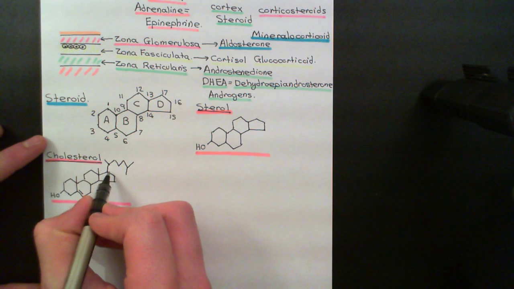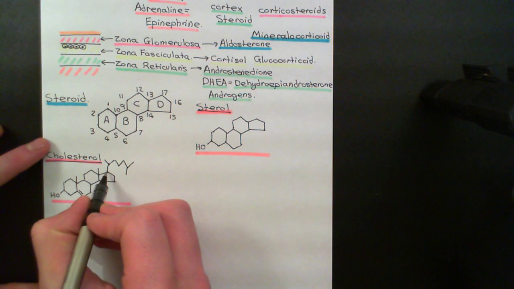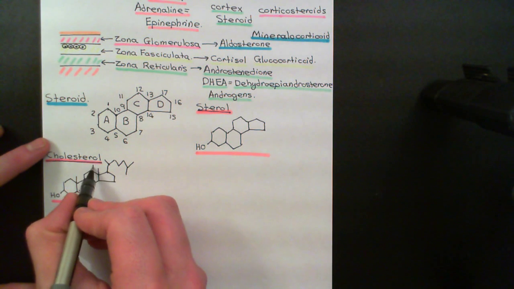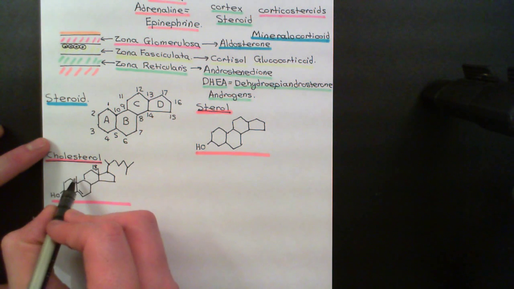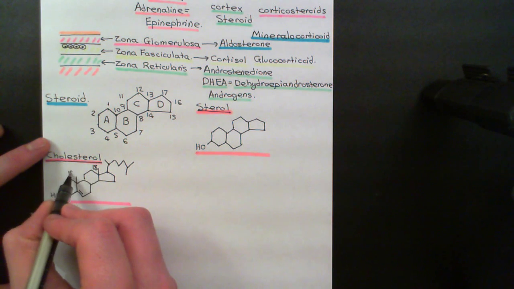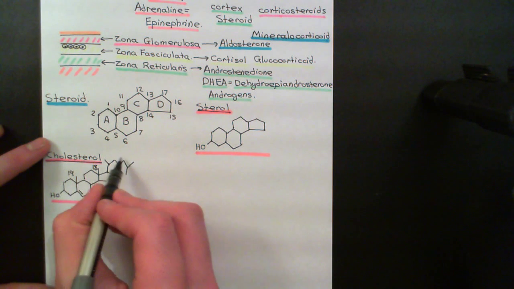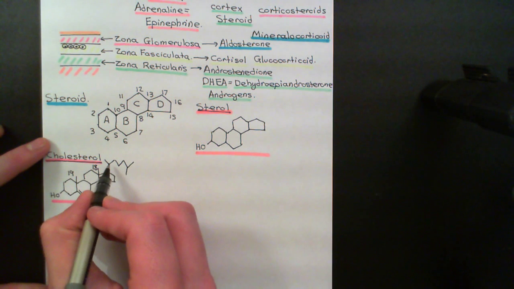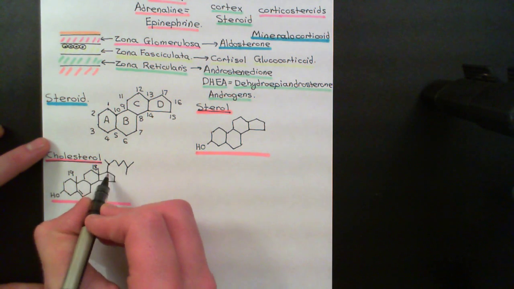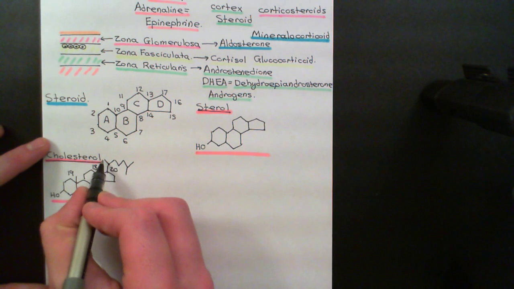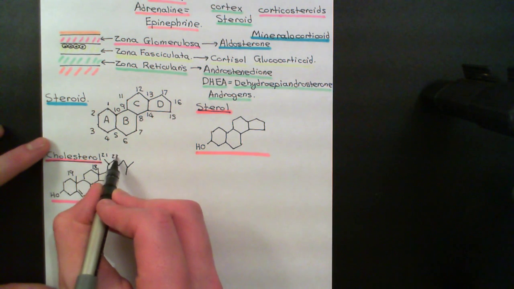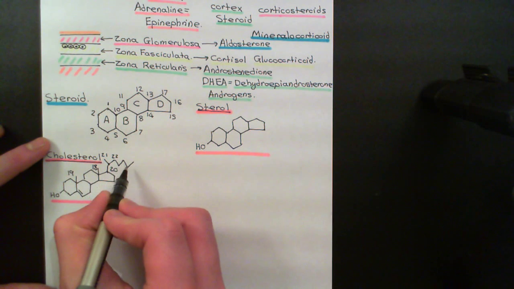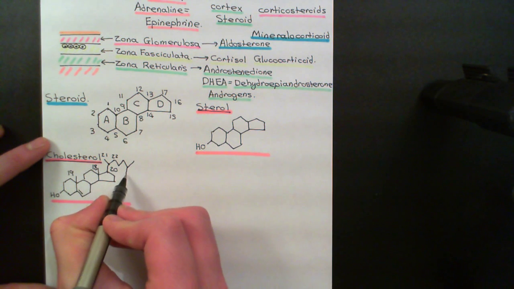So the way that someone has decided to do this is that you skip to this one first, the carbon of the methyl group of carbon 13, you call that number 18, then you skip down to this one, you call that number 19, then you go to the side chain that comes off carbon 17 up here. So you call the one directly off carbon 17 number 20, you then go to this one which is 21, then you go to the other side which is 22, 23, 24, 25, 26, 27.